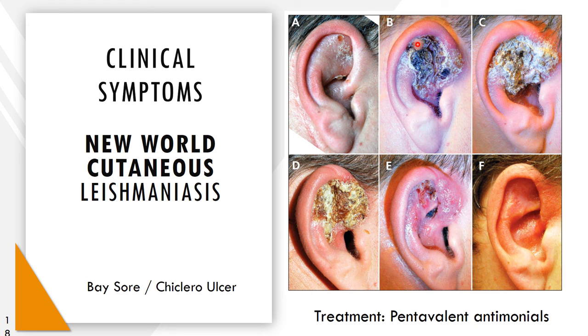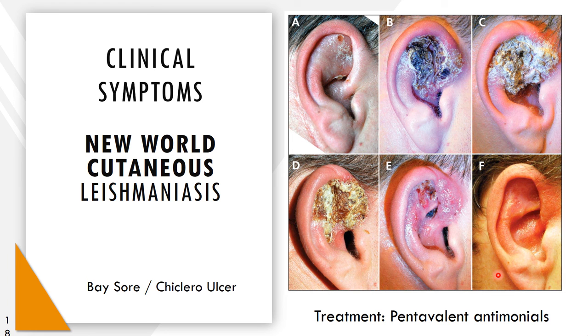So, the first manifestation of this symptom is usually the pruritus or the intense itching of the bite area. After that, this would lead to this sequence, but it is self-healing.